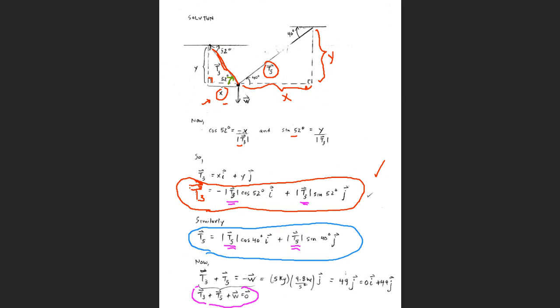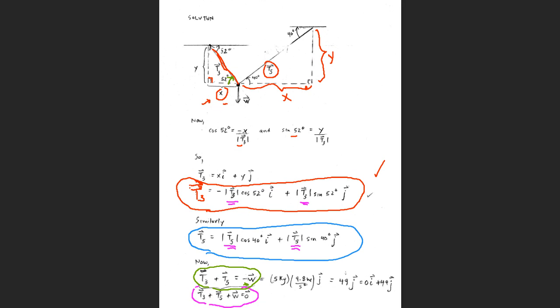But that means T3 plus T5 equals negative W vector. The vector W points in the negative direction, but negative W vector would be a vector that points in the positive J direction.